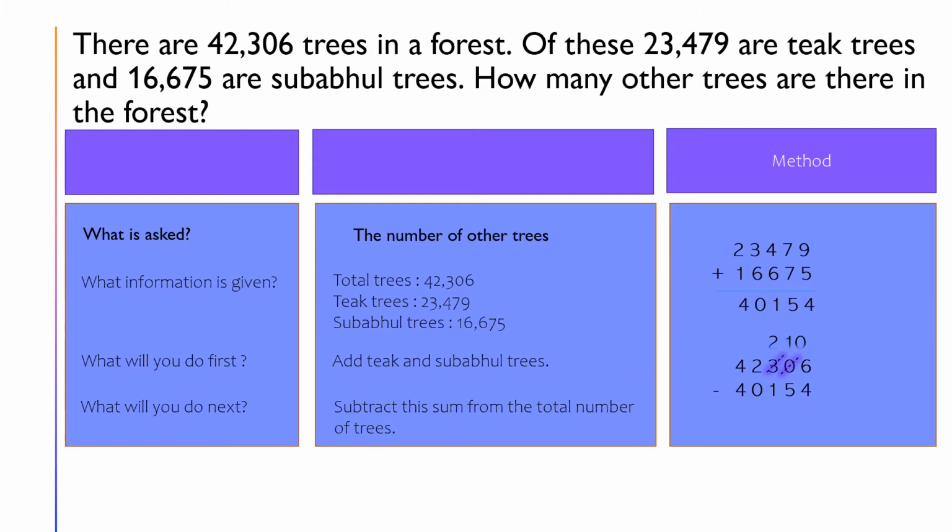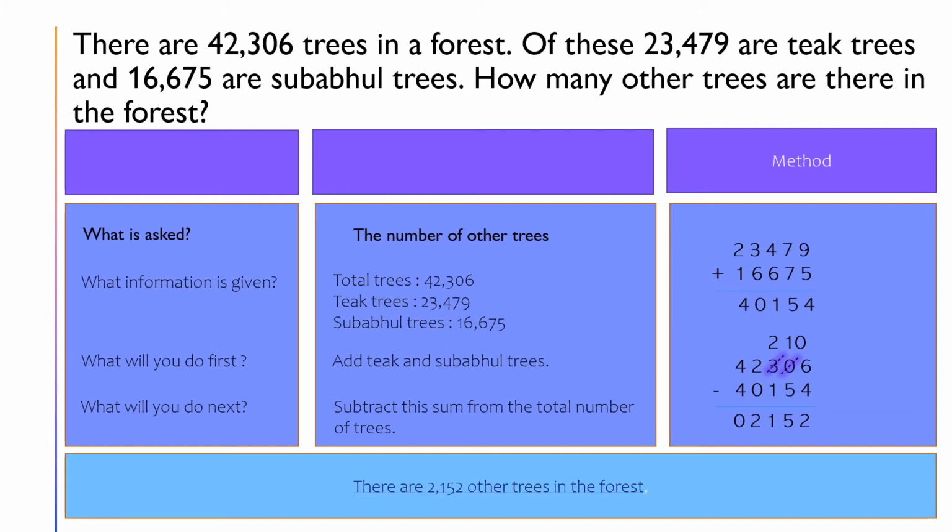We will get the answer 2,152. So this is our final answer which we will write in a statement. There are 2,152 other trees in the forest.